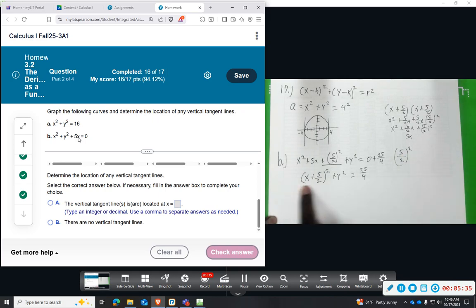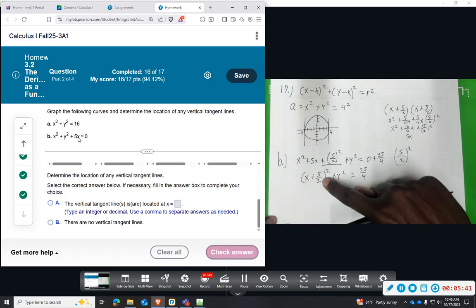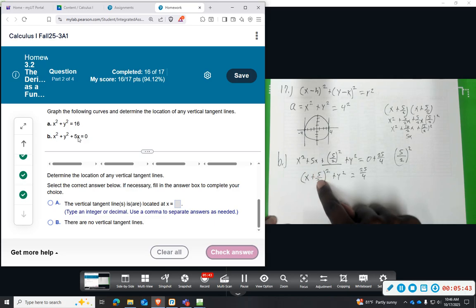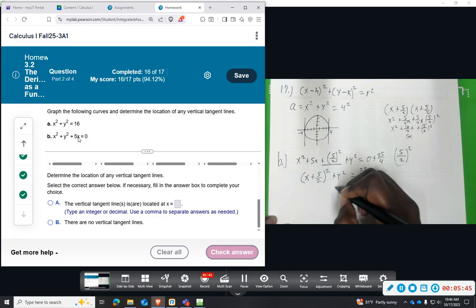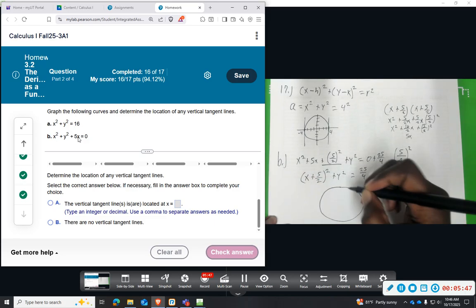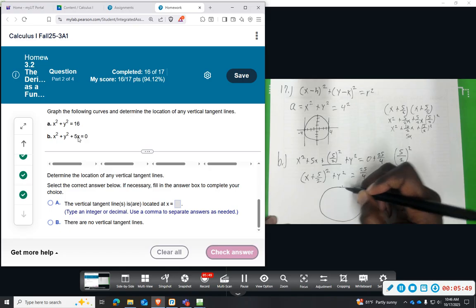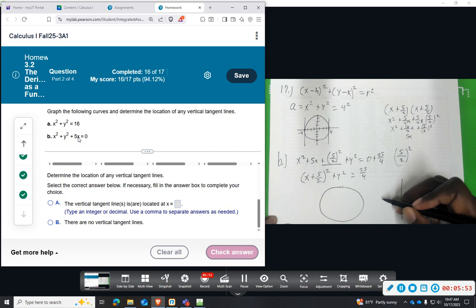So here's our new equation. This plus 5/2 tells me that our graph will get shifted left, which is 2.5 units. So graphing this one, let's say we would get shifted left 1, 2, this is 3, it would be like 2.5 units.